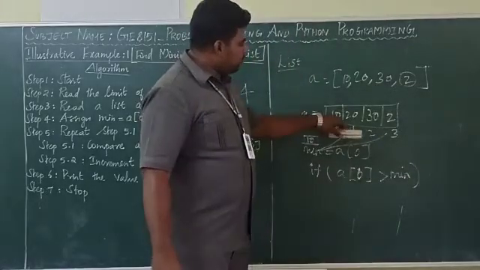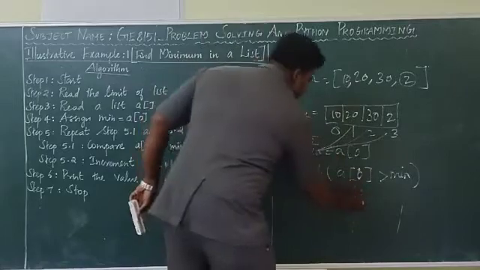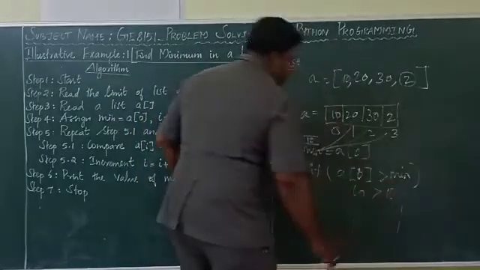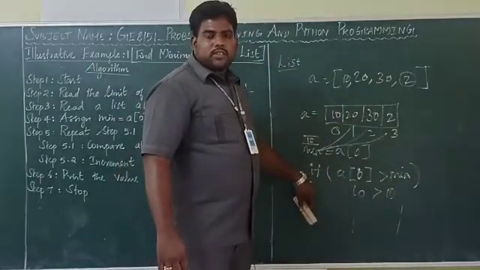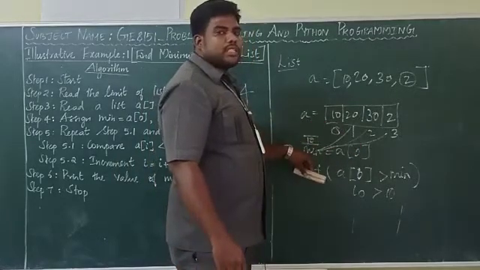Okay, what is a of 0? 10. What is minimum? 10. Okay, 10 greater than 10. So it's not required, right? We need not compare the first element because you already took it as the minimum.